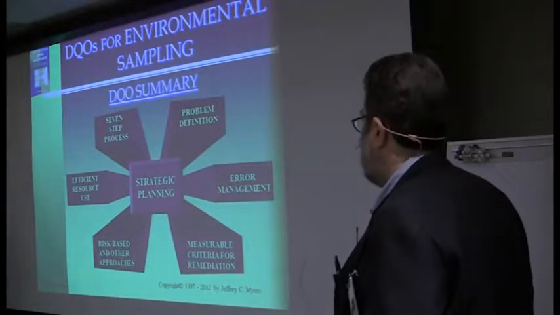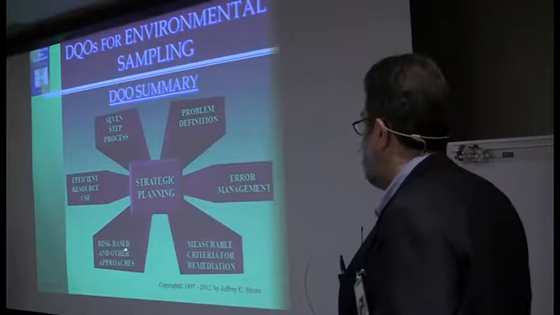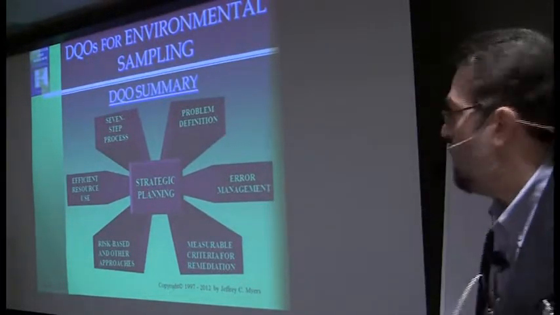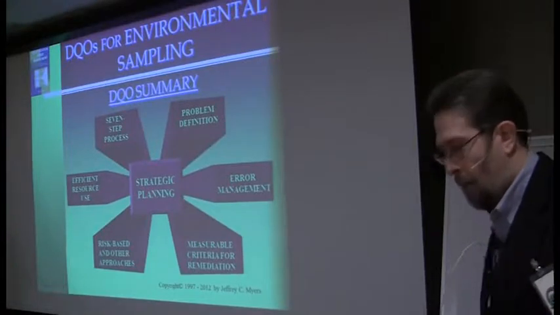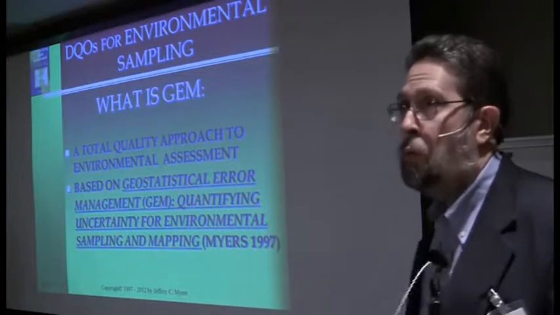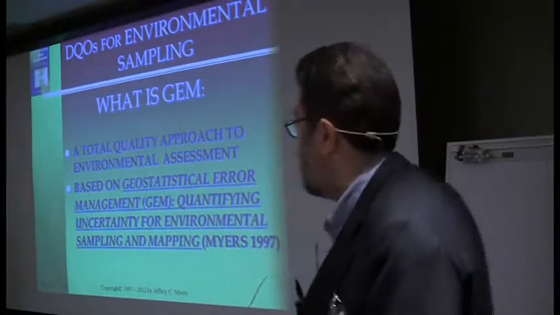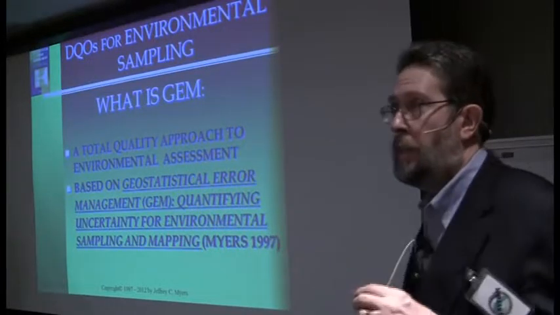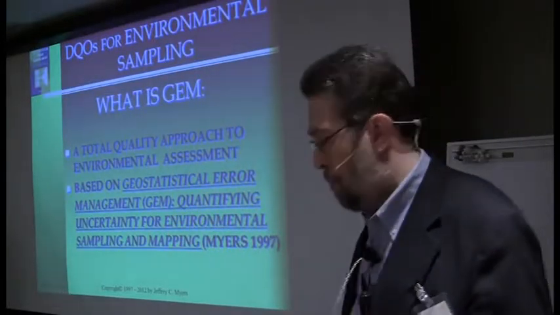And finally, we probably are going to have to tie into either a risk-based or some kind of threshold approach for decision making in the end. And I'm going to go through those real quickly here because we're out of time for this module. But this all integrates with geostatistical error management, the DQO process.